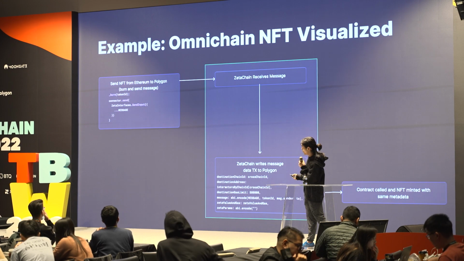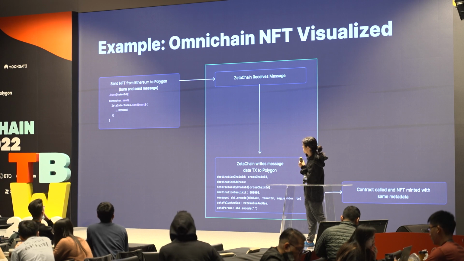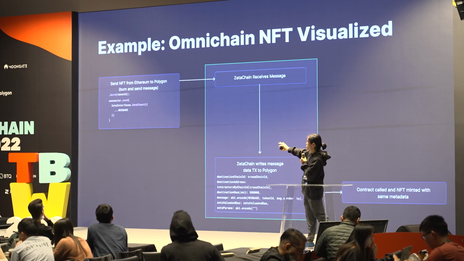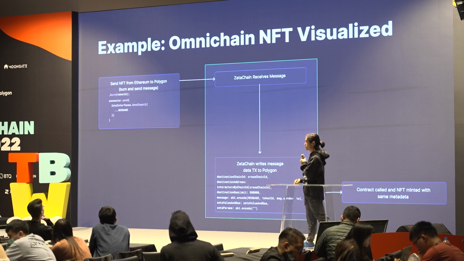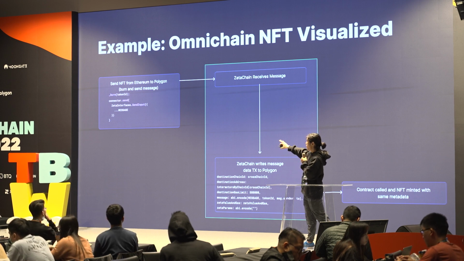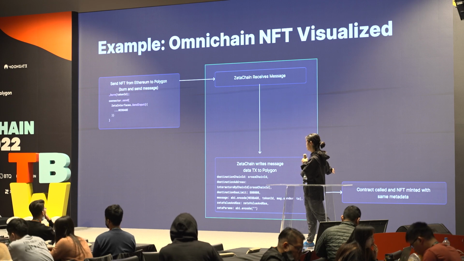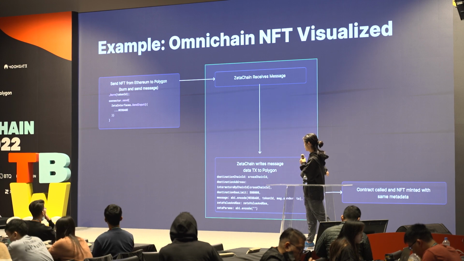And then for messaging-based solutions, just to compare, for Omnichain NFTs, messaging often makes sense. For this, you would issue an NFT contract on Ethereum and Polygon and implement those three functions: send, receive, and revert. So when you want to send something from Ethereum to Polygon, you would burn it and send this message with this metadata that's picked up by ZetaChain, and it's issued as the same NFT, same metadata, same collection, really, but on a different chain.